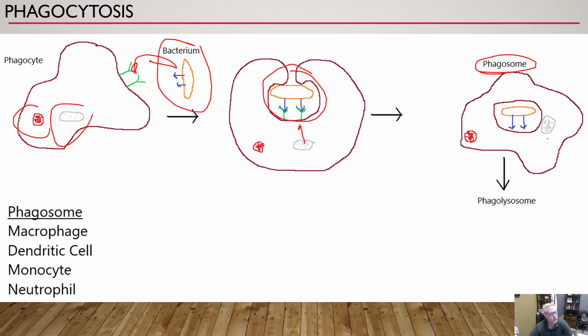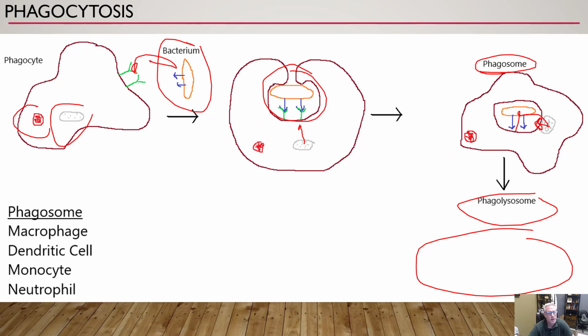Once the lysosome hooks up with the bacterium inside, the lysosome would dump its contents in here, and those enzymes in the lysosome would break up the cell membrane. We talked about the enzymes in the lysosome before.